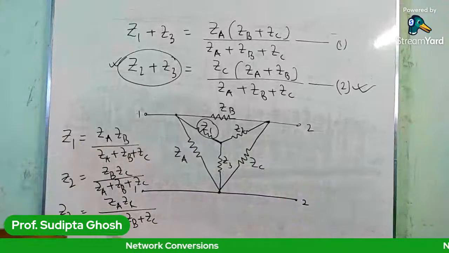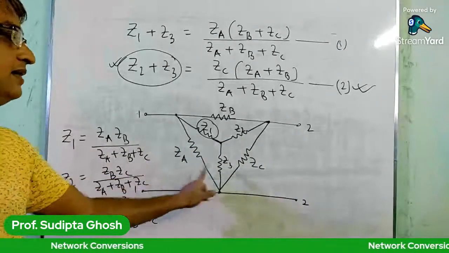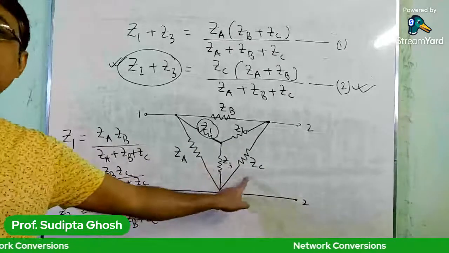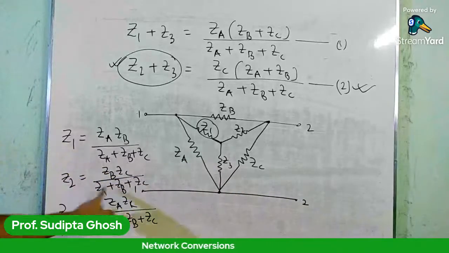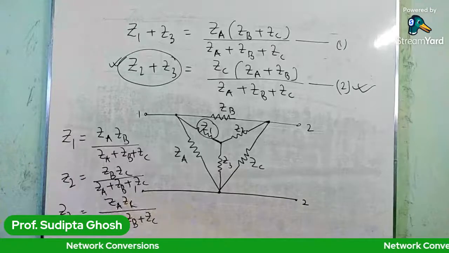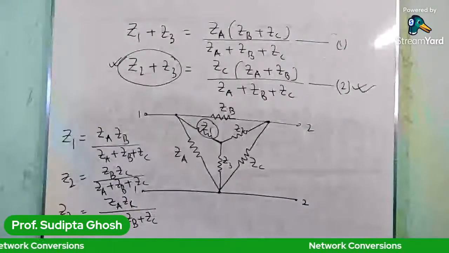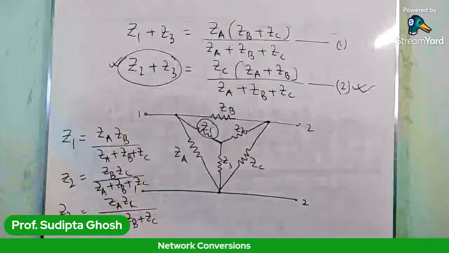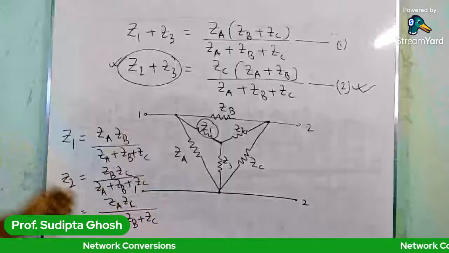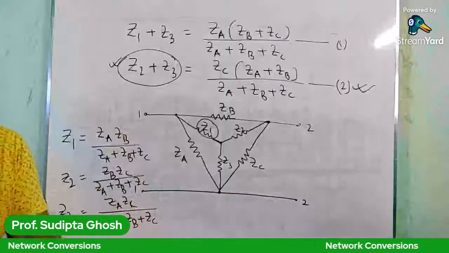Again for Z3, this is Z3, and these are the opposite side impedances, that is ZA and ZC. So here you have ZA ZC in the numerator on the right hand side, and again the denominator is the sum of all three impedances, that is ZA plus ZB plus ZC.